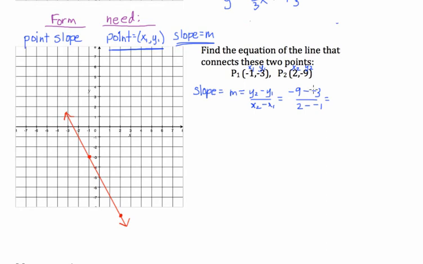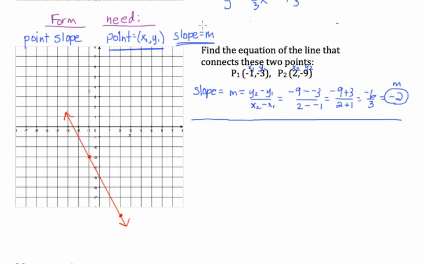Remember that anytime you minus a negative, it turns to addition. So this is really -9 plus 3 over 2 plus 1. So I've got -6 over 3, which is -2. So that's my m number. That's my slope.